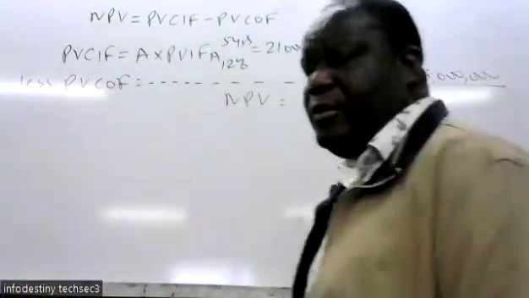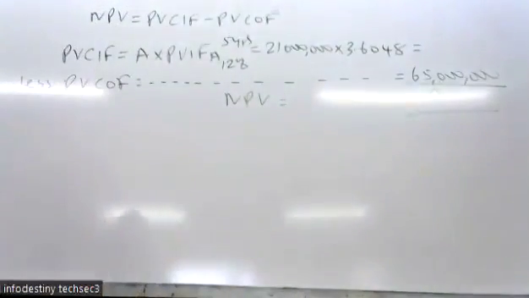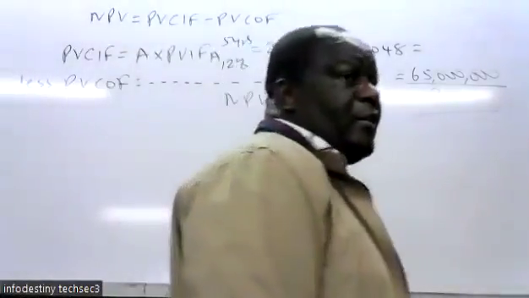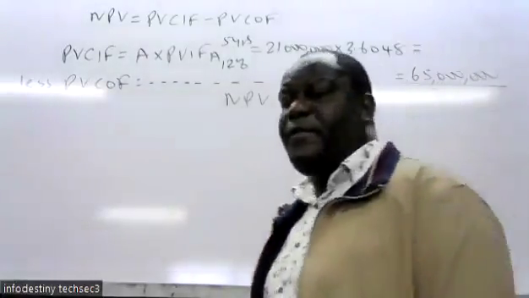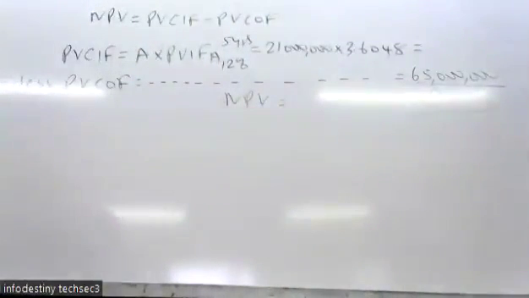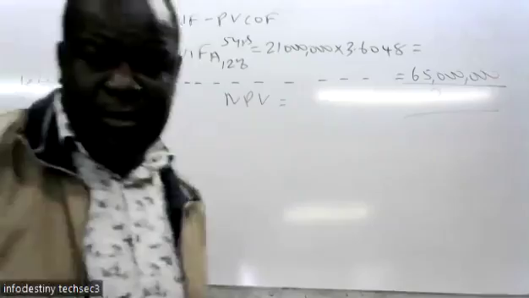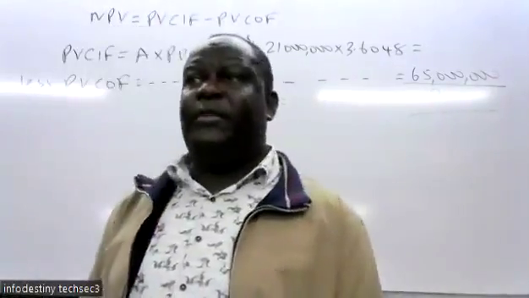The number 2 is that it should use cash flows and not the accounting profits when evaluating the projects.